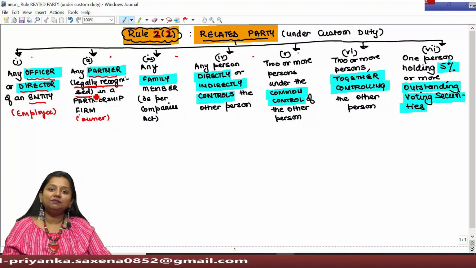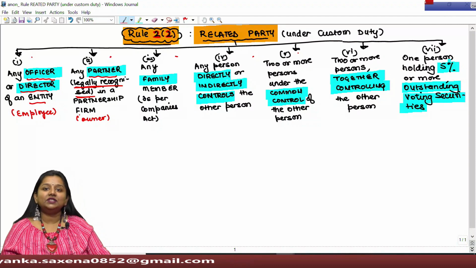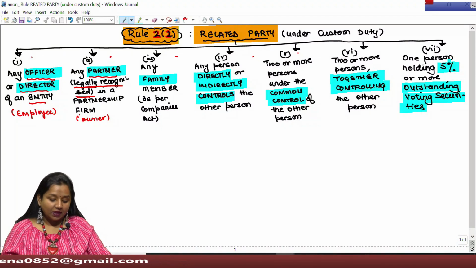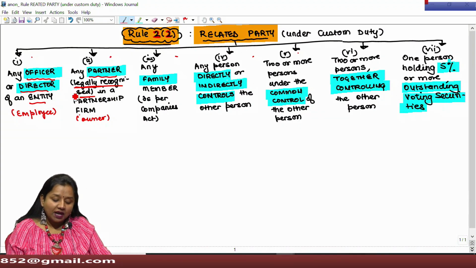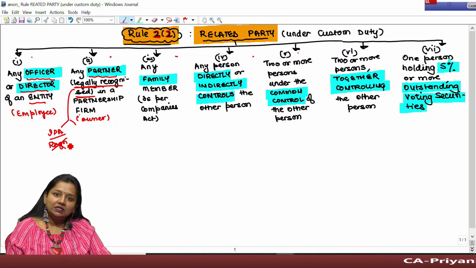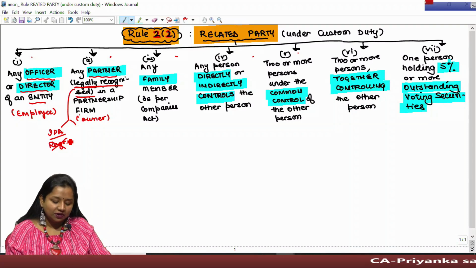Legally recognized firm means any firm which is having legal existence under law. This legally recognized can be in two ways. One, we have the Indian Partnership Act in India, wherein a firm can be formed even without registration. So if a firm is without registration, still its partner shall be treated as related party.